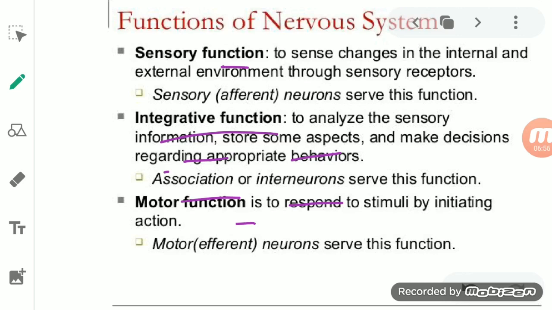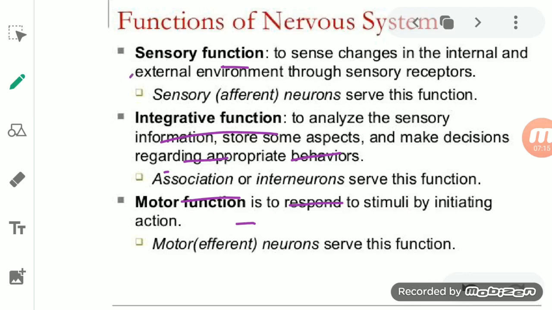They make decisions regarding what kind of behavior should be performed. Then finally the motor neuron, which is also known as the efferent neuron, helps in responding. It responds to the stimuli by initiating the action.